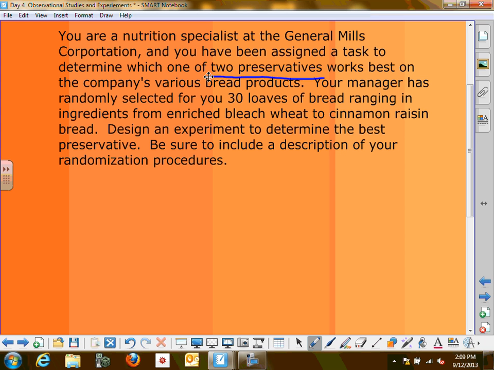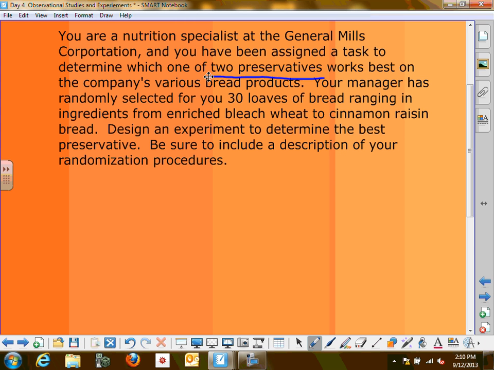Okay. How about response variable? What would you be measuring? In your best guess, as an unknowledgeable nutritionist, what would you measure as a response? How quickly it molds. That's a good thought. Absolutely. How long until the first signs of mold?